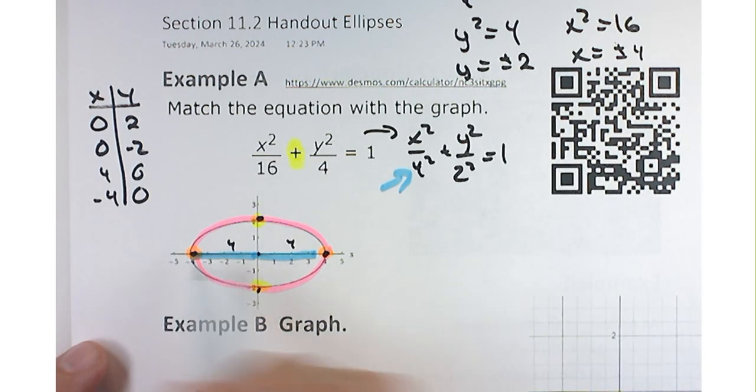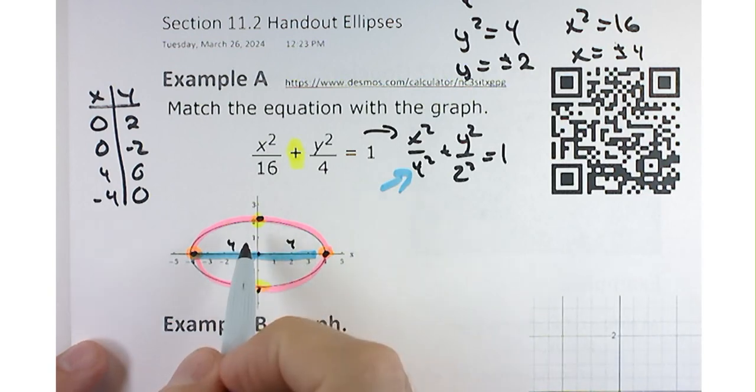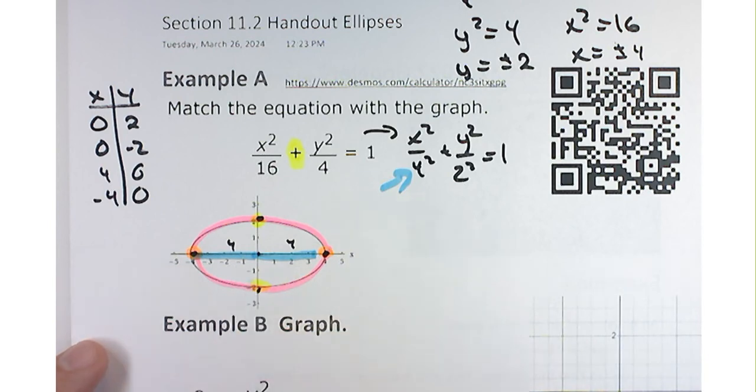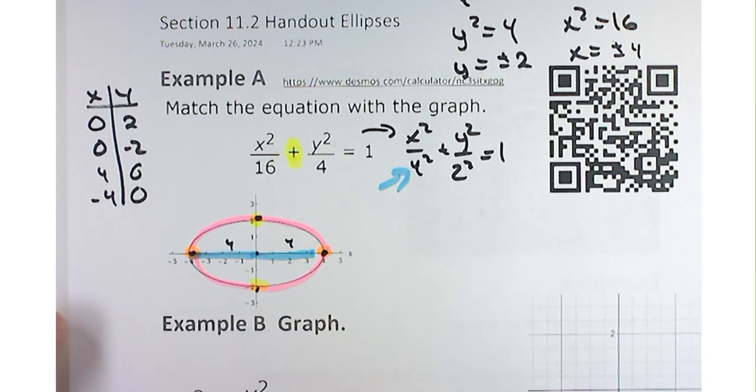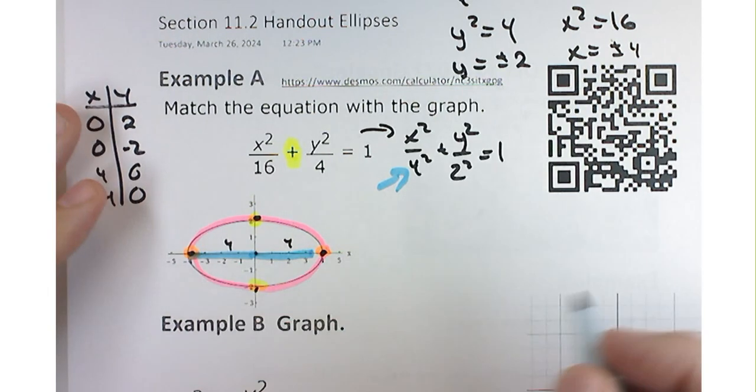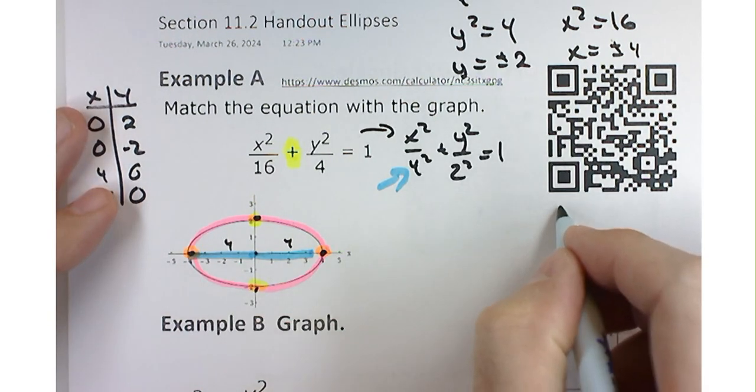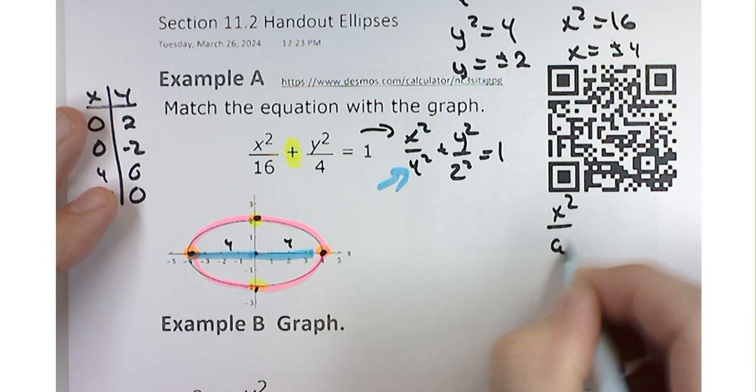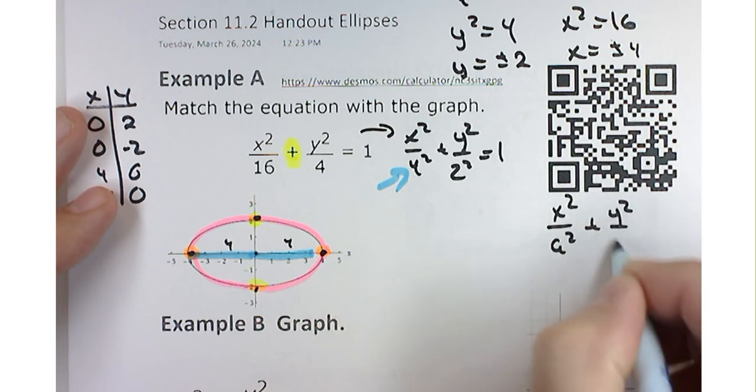Now, there's one other major thing that I need to tell you, and that is, how are you going to find the foci? Focus is singular, foci is plural. So in general, when we're dealing with the equation of an ellipse, it's going to be x squared over a squared plus y squared over b squared equals 1.